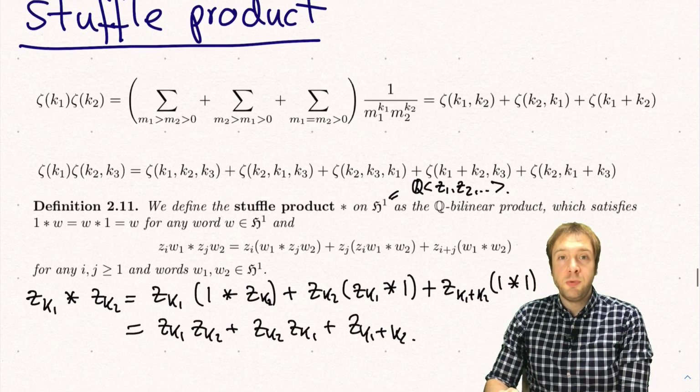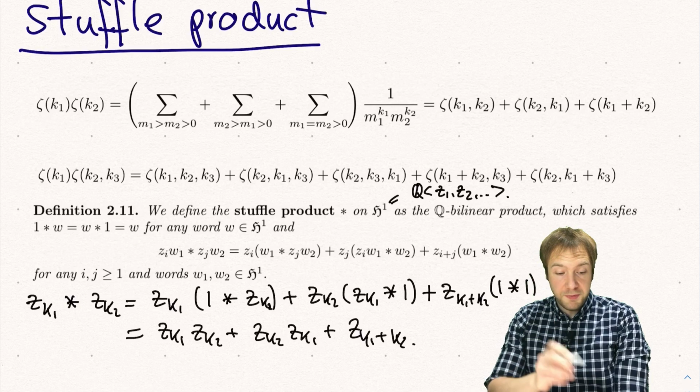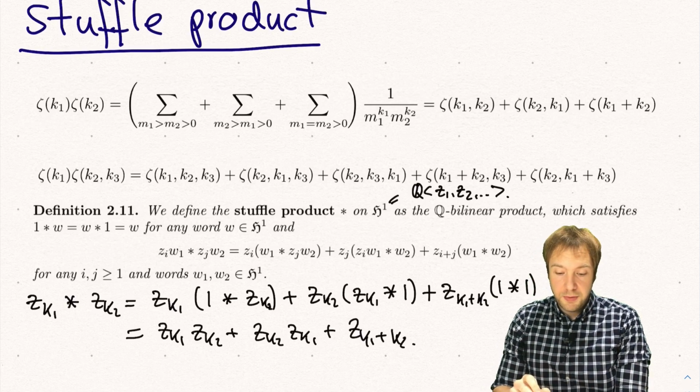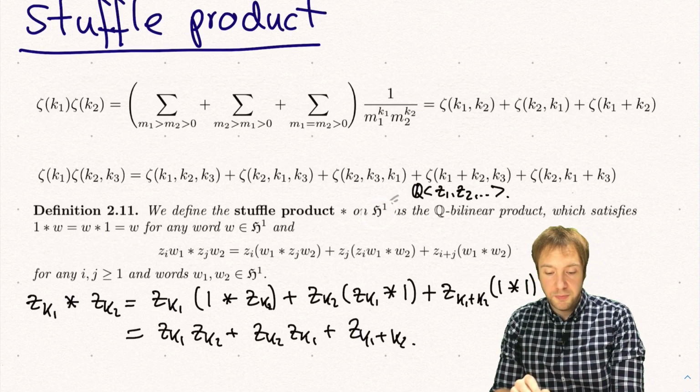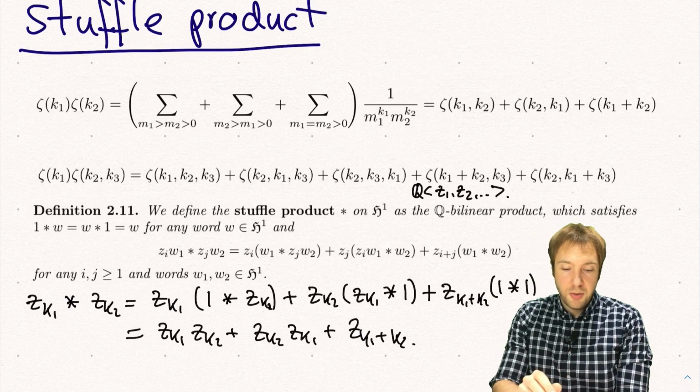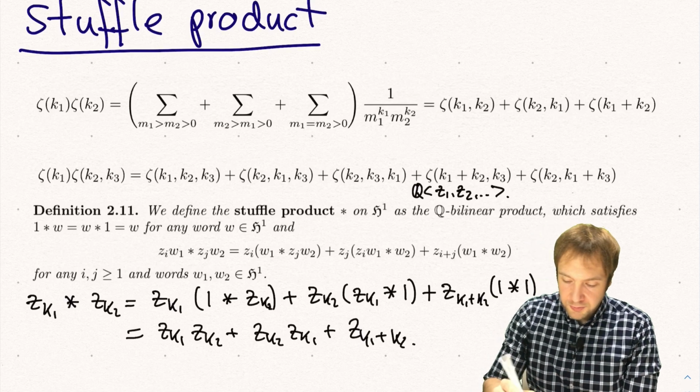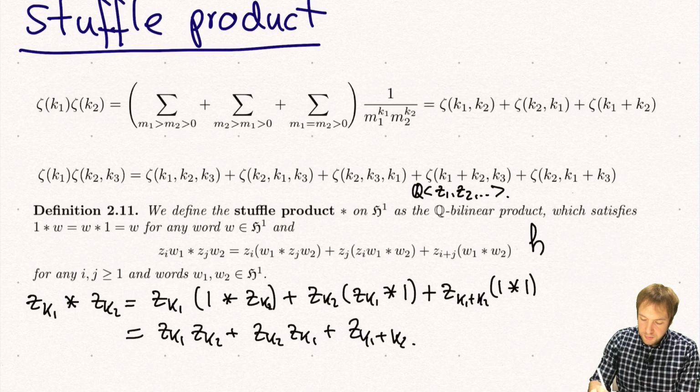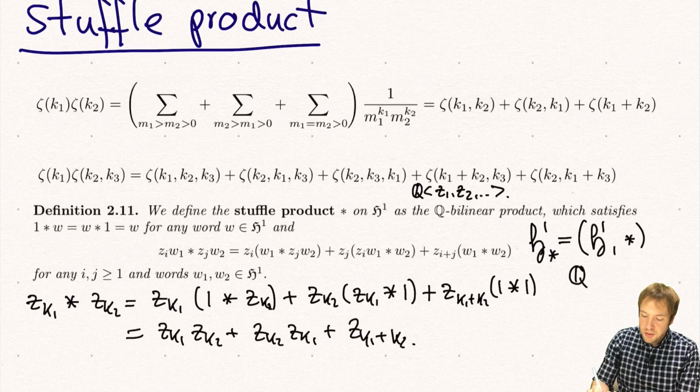And clearly the statement we want to prove now is that this map zeta is an algebra homomorphism from this space H1, where I forgot to mention, so again this H1 stuffle, which is now the space H1 equipped with the stuffle product. So this is a Q-algebra.